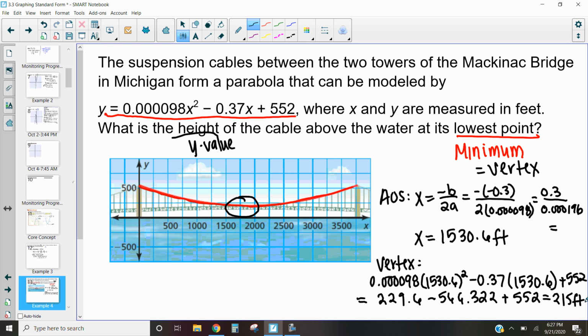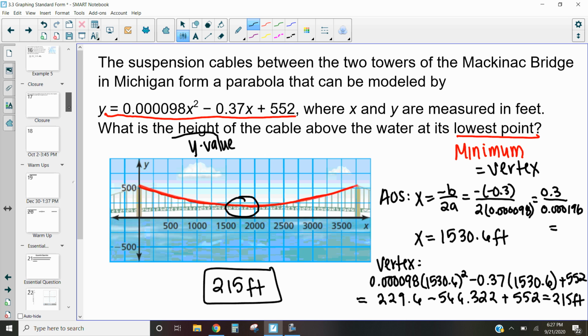So what is the height above the water at the lowest point? Well, that's going to be 215 feet, give or take a little bit. And all we did is find that vertex. Remember, our vertex is crucial in doing this.